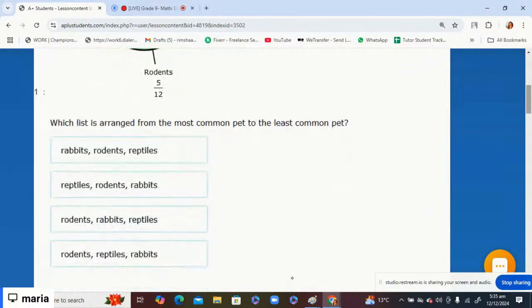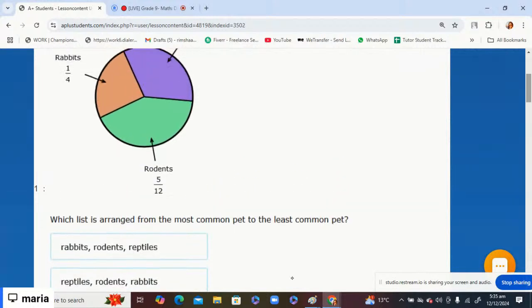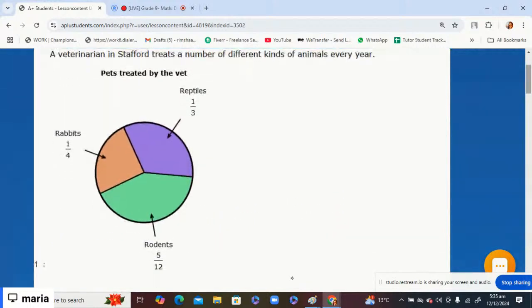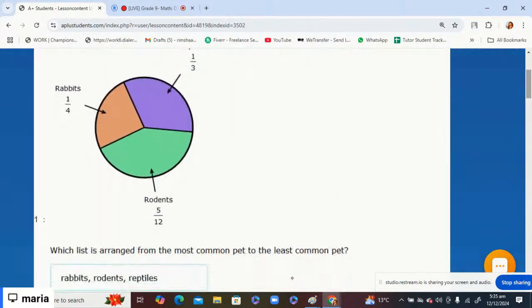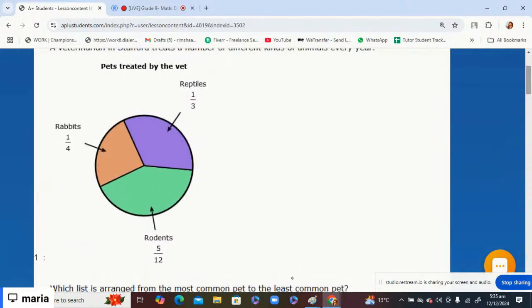Which list is arranged from the most common pet to the least common pet? So the most common pet is 5 by 12, this is rodents, then reptiles, then rabbits. When you see the graph, the greater part of the graph is green, which is for the rodents. Now the purple is for the reptiles because this is the next. And then the rabbits, that is 1 by 4.